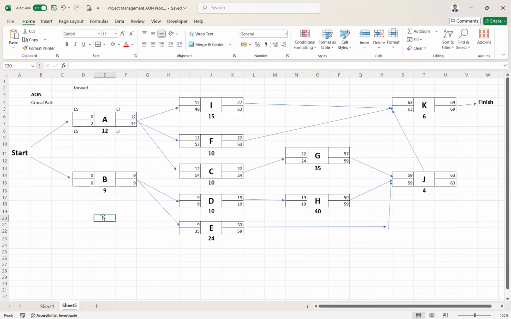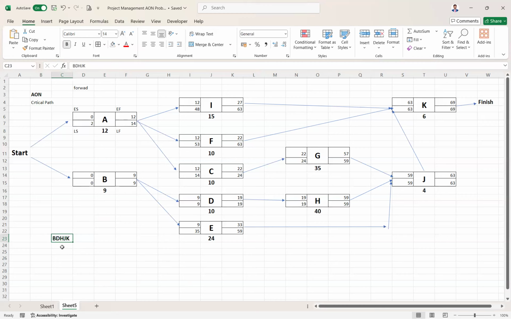Now see the path. In this activity on node network, what are all the critical activities? The critical activities form the largest path from start to finish. They are B, then D, then H, then J, then K. So B, D, H, J and K is your critical path.